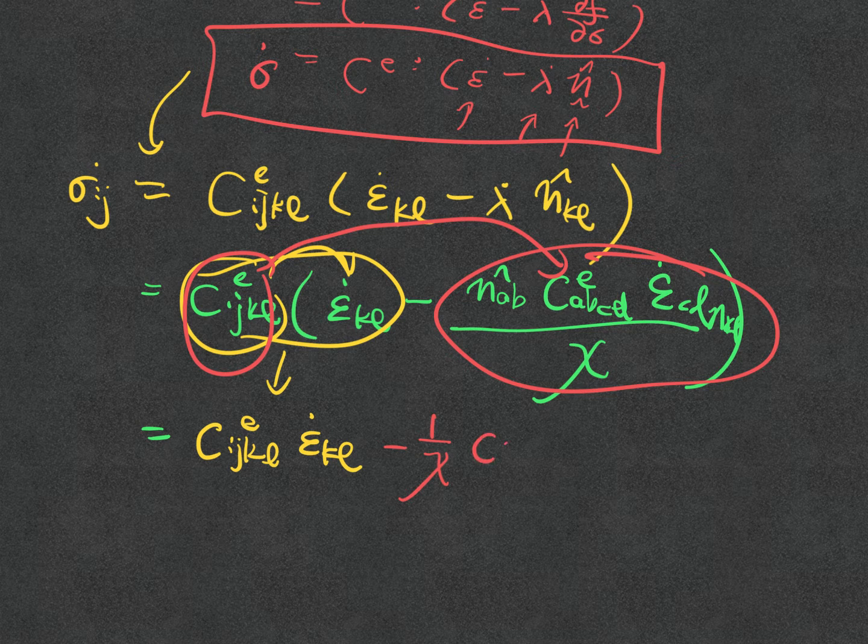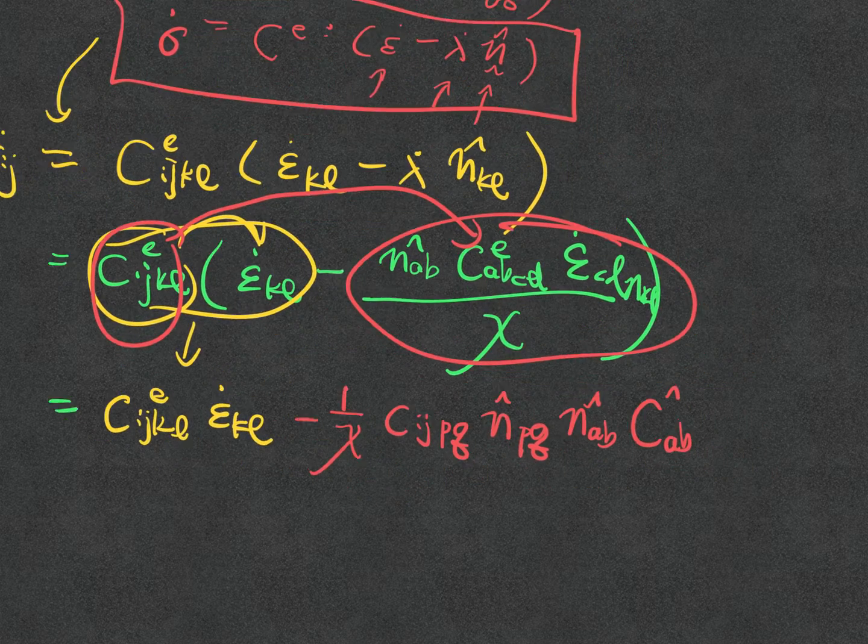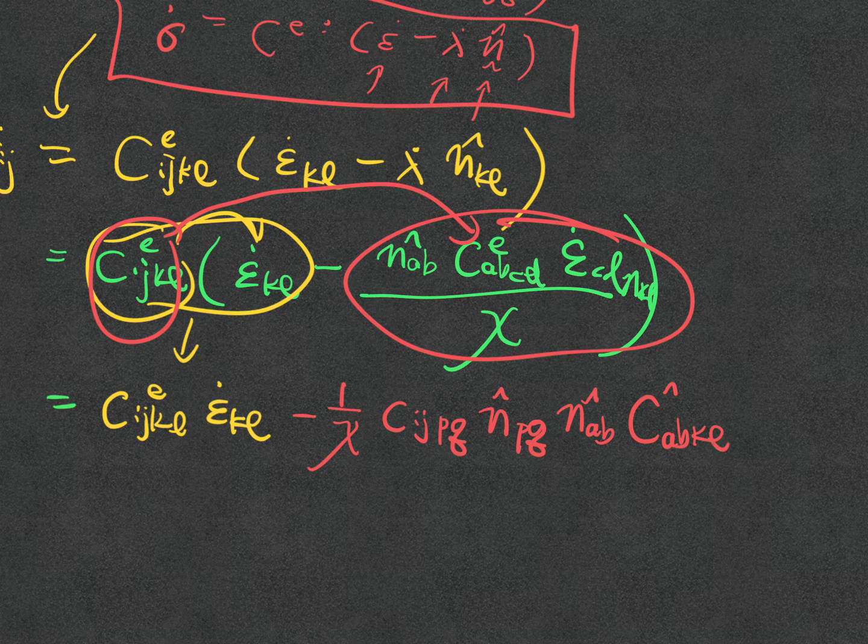Then I have C ij PQ, n PQ, n AB, C AB kl, epsilon dot kl. Okay, so this could be pretty confusing.